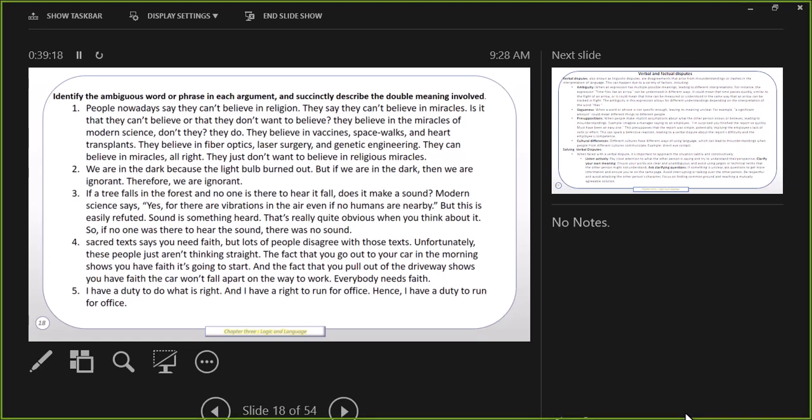What is sound in the first context? If a tree falls and no one is there to hear it fall, does it make a sound? Modern science says yes, there are vibrations in the air, even if no humans are nearby. But this is easily refuted. Sound is something heard.